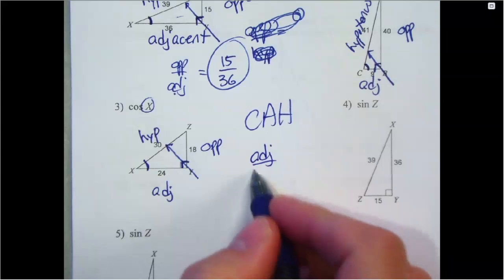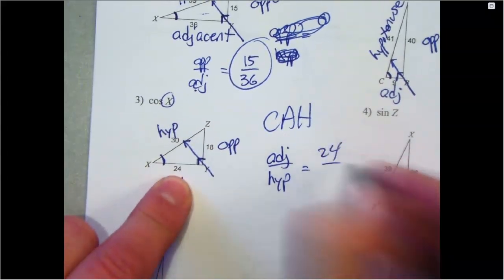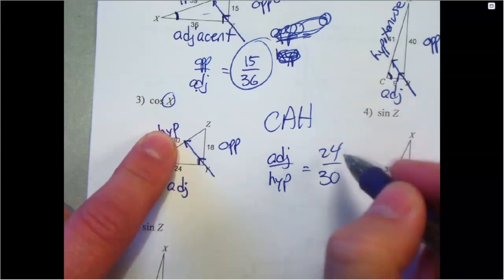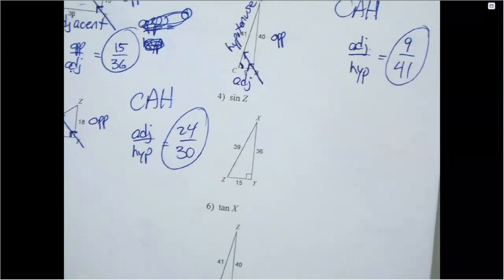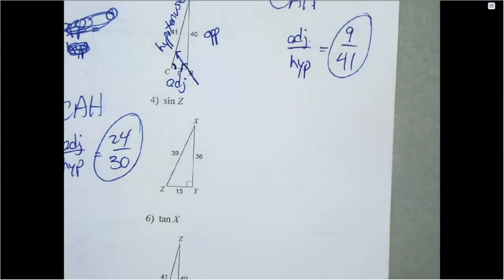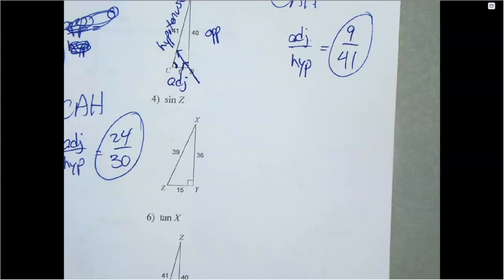H stands for hypotenuse, that goes on the bottom. And then we already labeled them. Adjacent is 24, and the hypotenuse is 30. And that's right. How many have that in? Okay. I'm going to say try 4, the whole thing. See how it goes. Label them. I want labels on every side, and then I want the fraction.